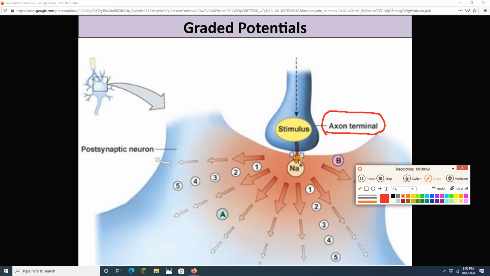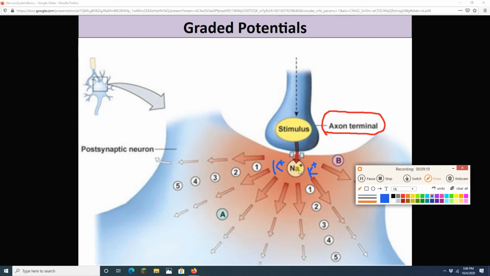When sodium rushes in, this particular spot is going to depolarize. Okay, the depolarization is going to move. Why does it move? Well, we have to remember what was abundant inside the cell before any of this happened. And the answer is potassium. So there's potassium in here.